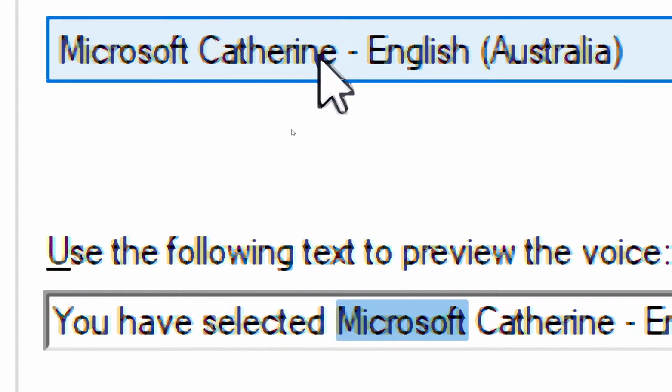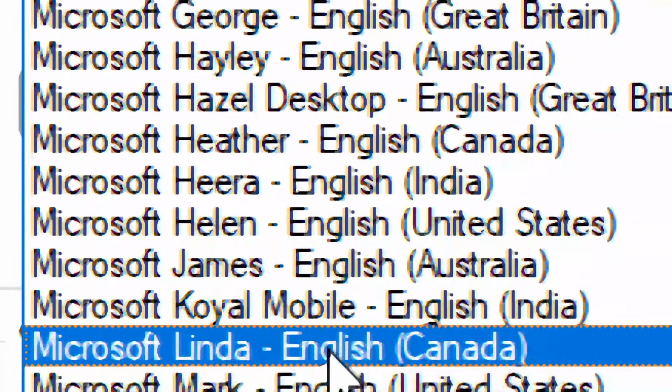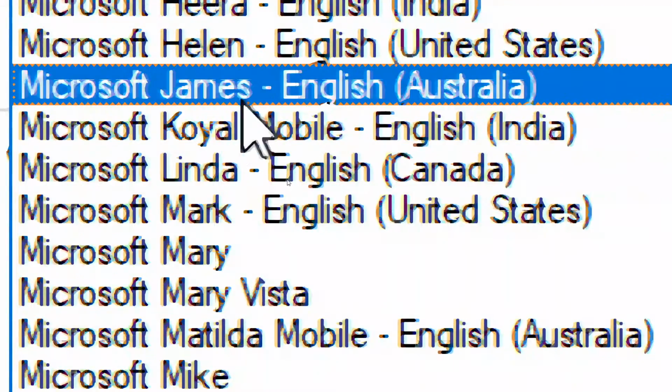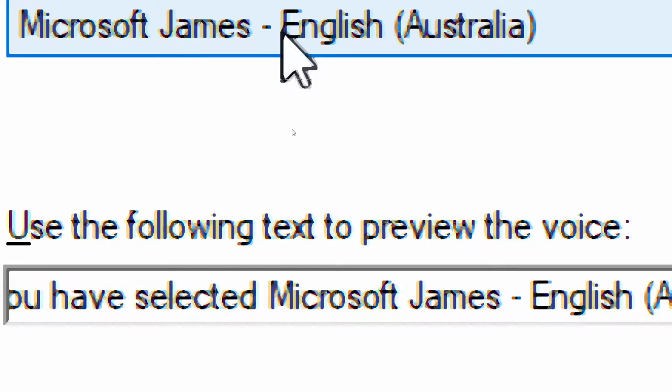You have selected Microsoft Catherine, English, Australia, as the computer's default voice. You have selected Microsoft James, English, Australia, as the computer's default voice.